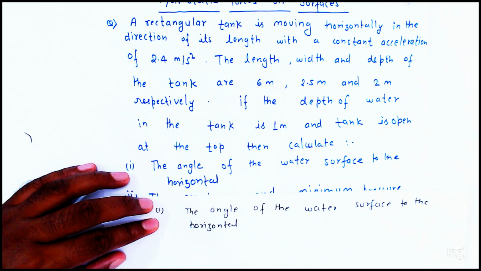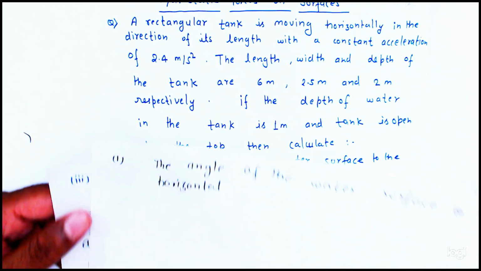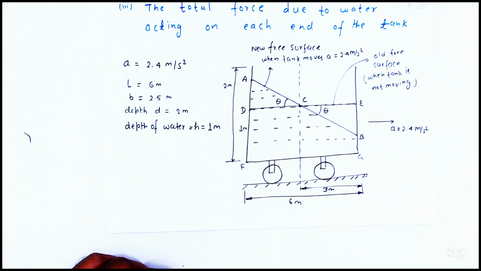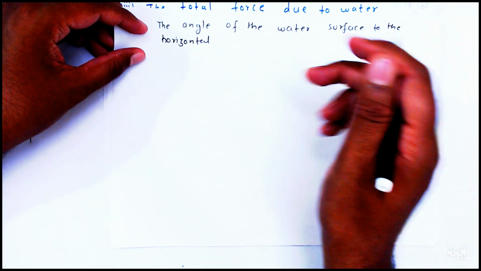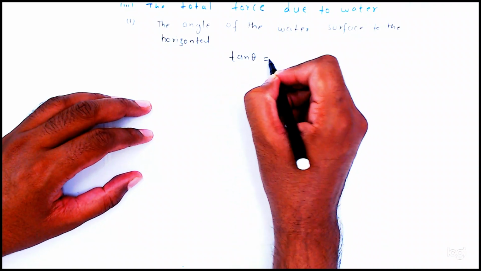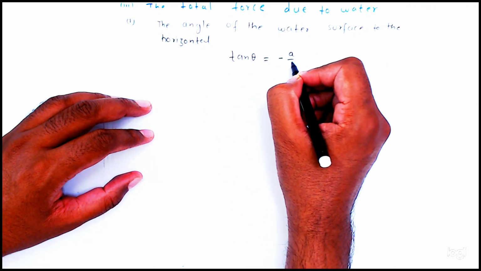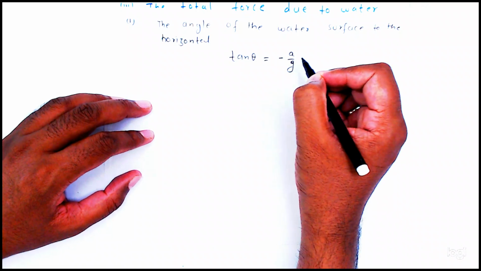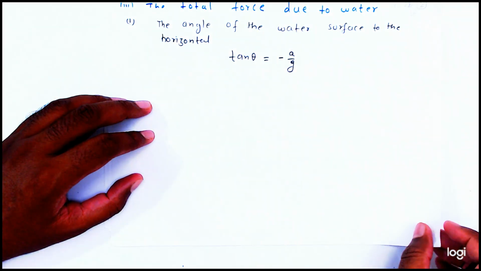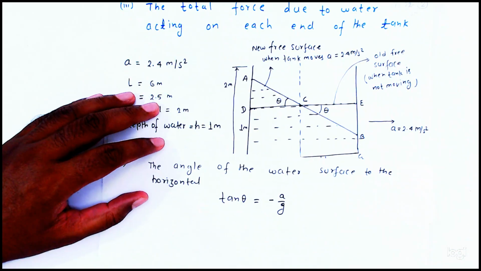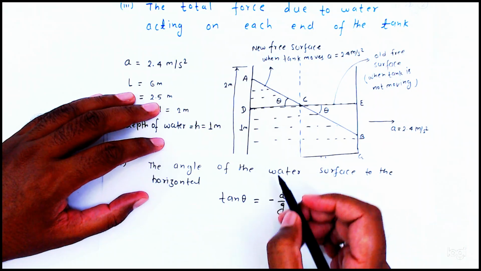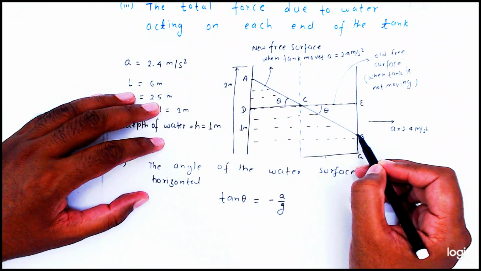Okay friends, so here you see we know that tan theta equal to minus a by g. The negative sign shows that it is a straight line and downward direction.